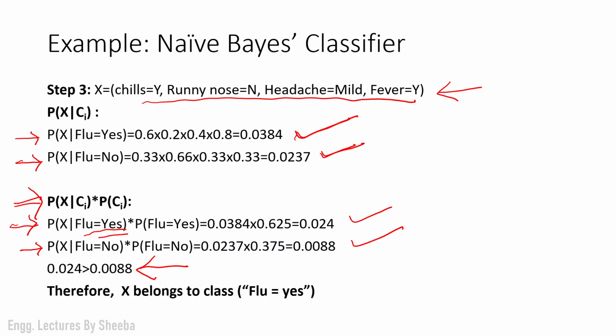Since that probability is higher than the flu is equal to no classification probability, if this sample is given, then the prediction should be flu is equal to yes.